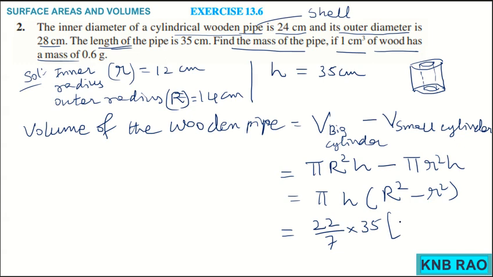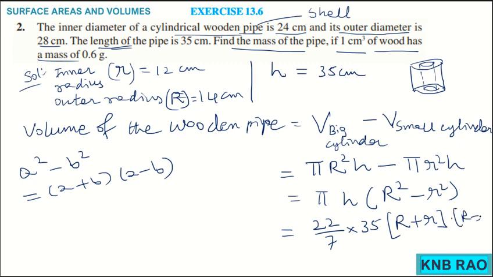Here I can play another trick using the formula or identity A square minus B square, which can be written as A plus B into A minus B. That means I can write capital R plus small r into capital R minus small r.